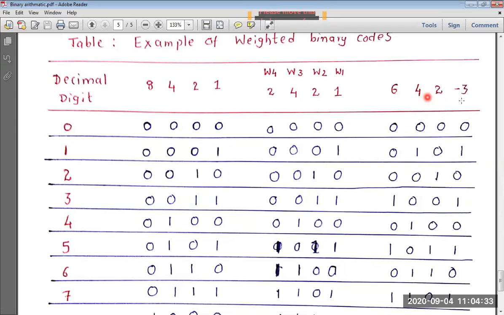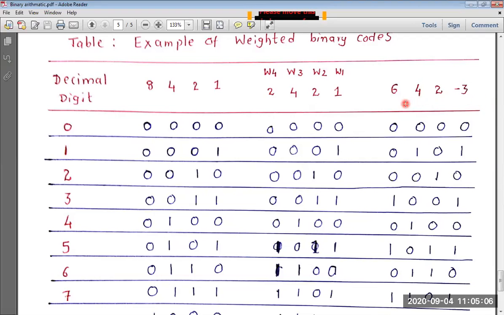This third code in the table is different from the other codes because one of the weights is negative. Weights may be negative. You can include negative weights also to form codes. Finally, the goal is that the code should work. As long as the code is useful, you can use negative numbers also, it doesn't matter at all.